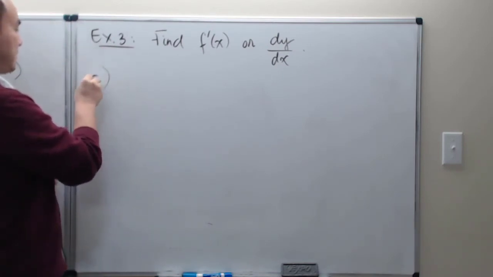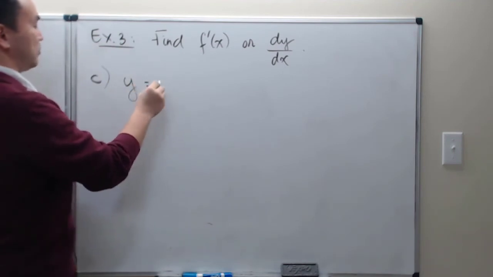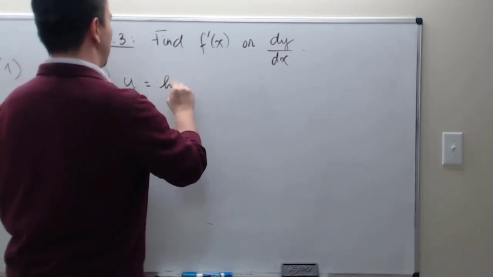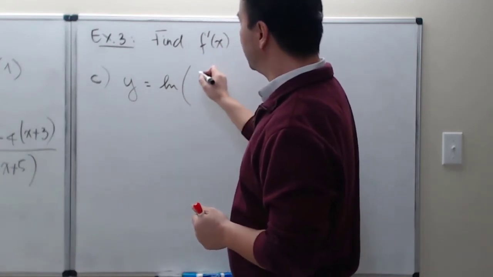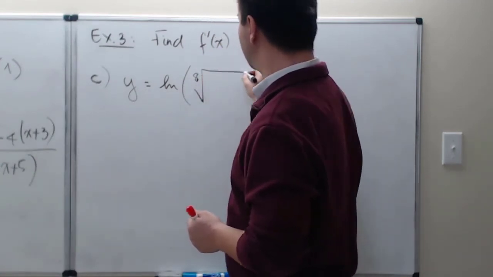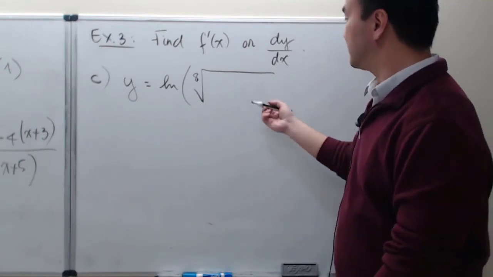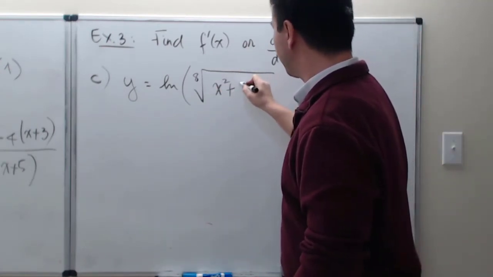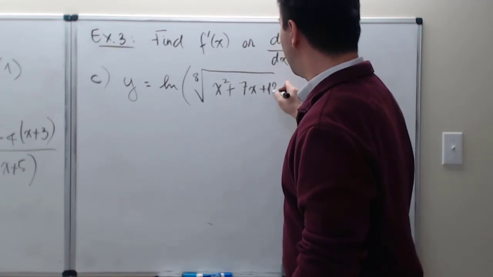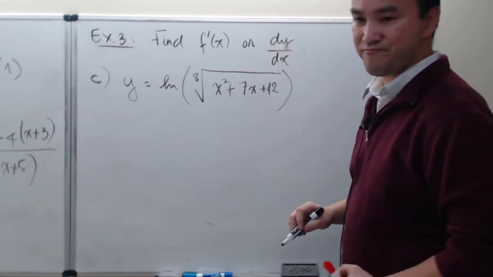Question C. Okay, y equals, how about natural log of, and now I'm looking at, let's say, the 8th root of x squared plus 7x plus 12 being inside the 8th root.